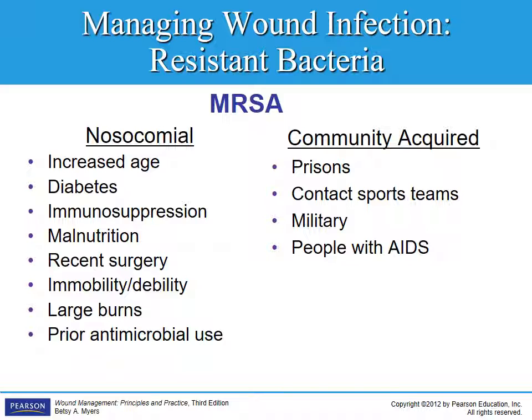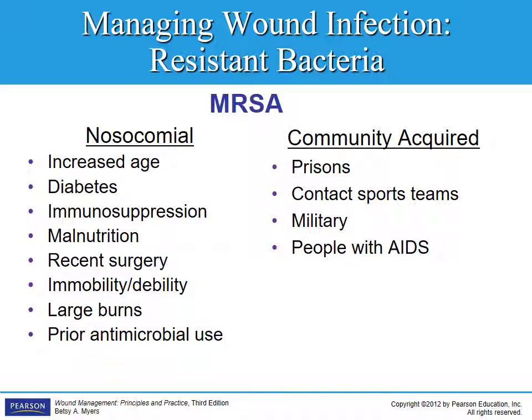In the community, it's often acquired where you see a lot of people together, such as prisons, contact sports, military, or people with AIDS, who are immunosuppressed in the community. Otherwise, it's where you see a lot of people living in very close proximity, such as prisons, military, and then locker rooms.